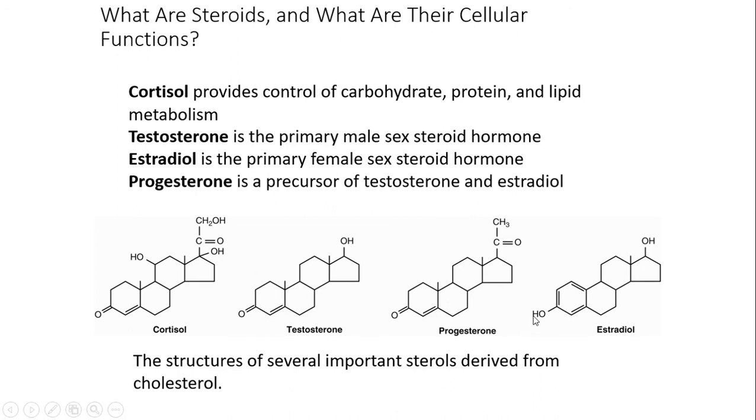Here we have a hydroxyl, which affects the double bonding in this ring. So testosterone can be reduced to estradiol, and that is a process that occurs naturally. And that concludes our discussion of lipids.